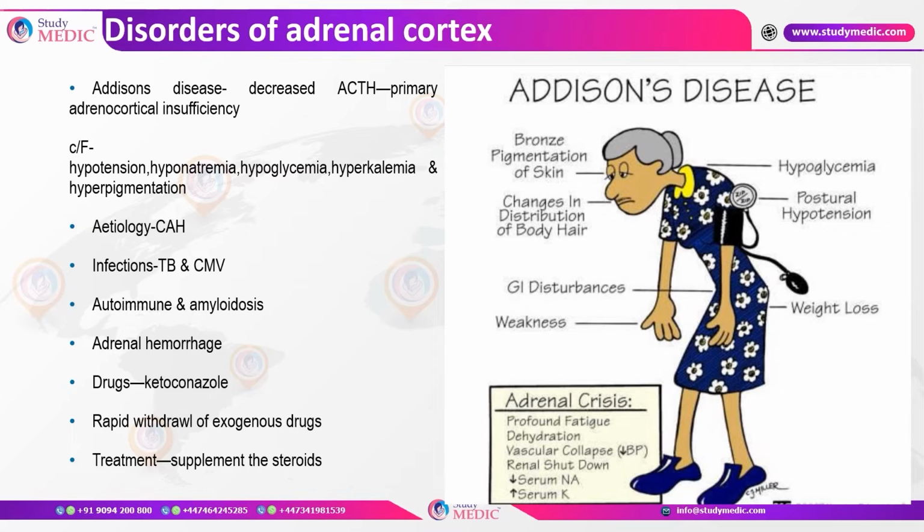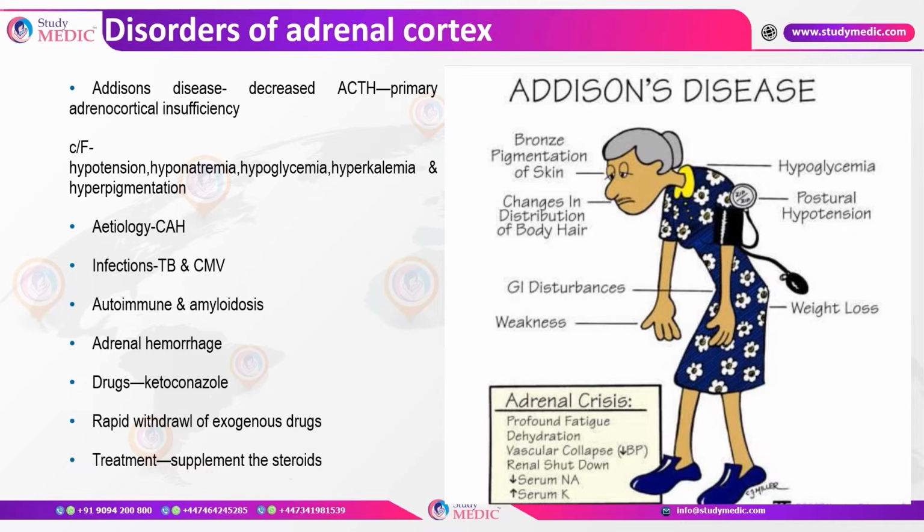Now remember, there is deficiency of mineralocorticoids. The most important function of mineralocorticoids is to reabsorb sodium and water. Because there is deficiency, there is no reabsorption of sodium and water, which will give rise to hypotension. There are no glucocorticoids, so less glucose, which will give rise to hypoglycemia.